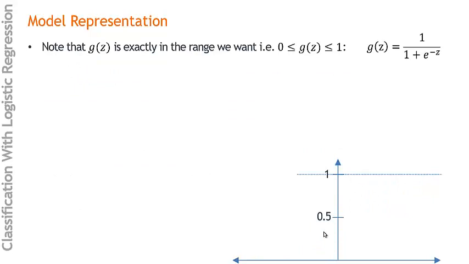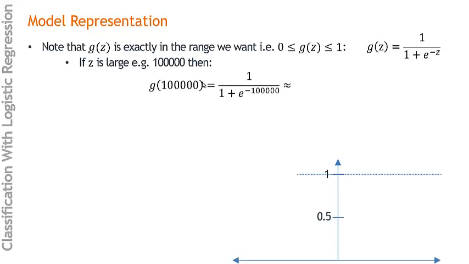You can take some specific values to see how this works. So for instance, if z is 100,000, you plug in 100,000 in the exponent down here. Now e to the minus 100,000 is extremely small. So 1 plus an extremely small number is 1. So you simply get 1 over 1 plus 0, or 1.